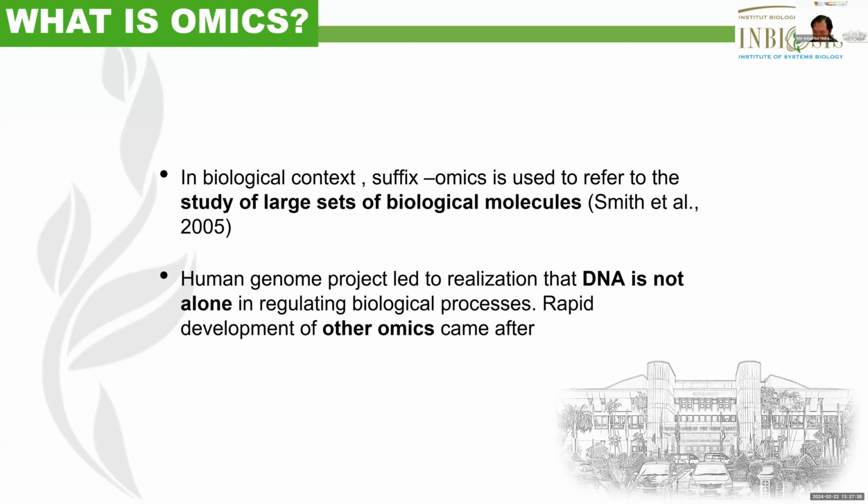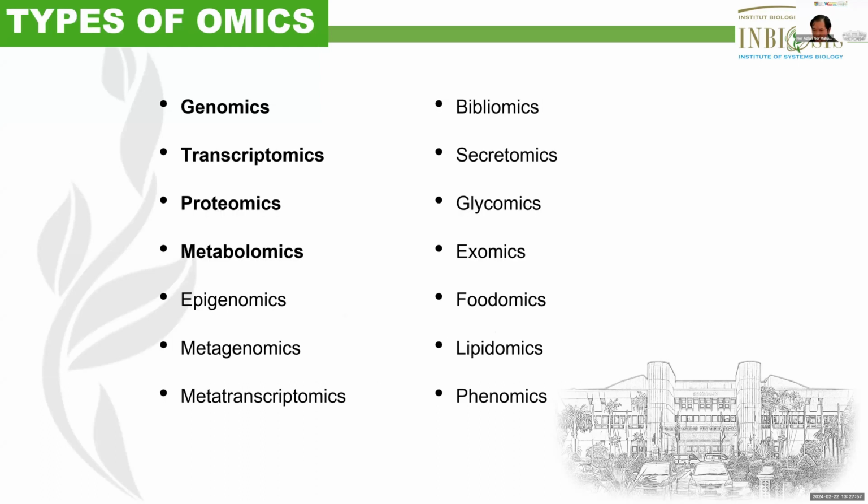And this all started basically from the Human Genome Project, which led to the realization that DNA is not alone. So from that Human Genome Project in the early 2000s came about the birth of transcriptomics, proteomics, and metabolomics. So apart from the four main omics, nowadays we have a lot more omics.